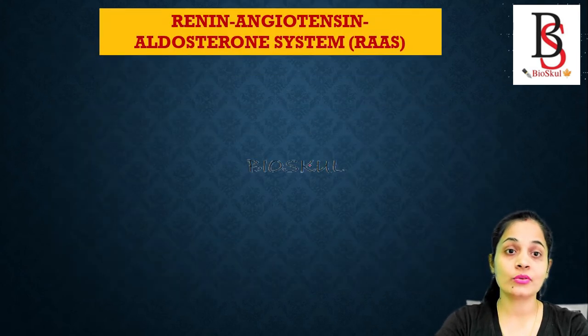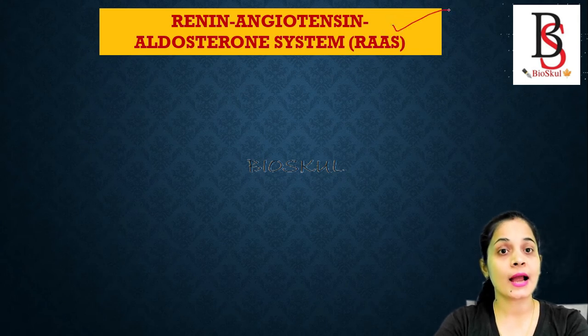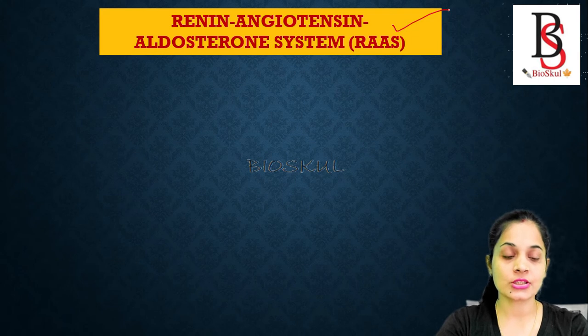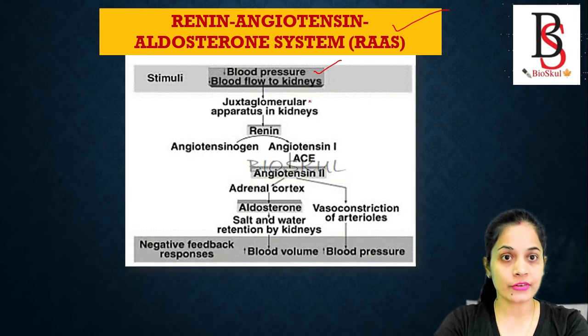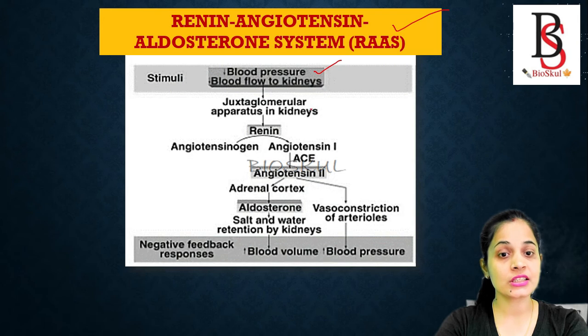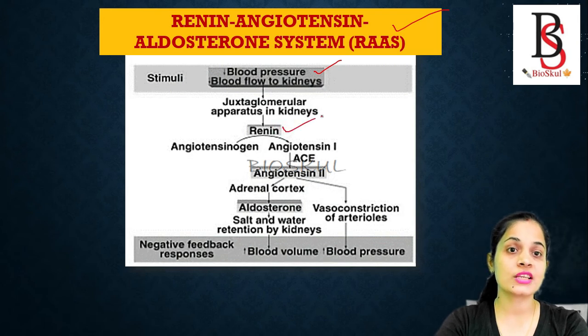Another one that regulates the blood pressure is the renin-angiotensin aldosterone system, the RAAS system. This system gets activated when the blood pressure is low. Then blood flows to the kidney, and the juxtaglomerular apparatus of the kidney secretes a hormone known as renin. This renin converts angiotensinogen into angiotensin 1.